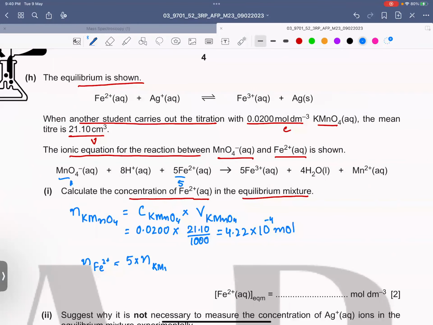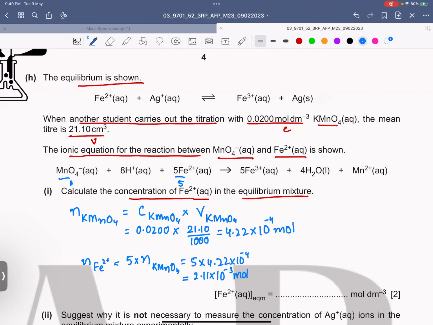So we get the moles of iron 2 positive ions. What will be the answer now? 2.11 into 10 to the power minus 3. So 2.11 into 10 raised to the power minus 3 are the moles of iron, right?